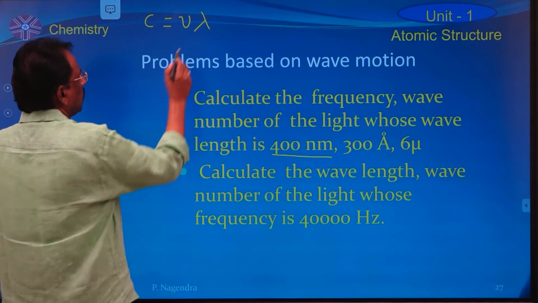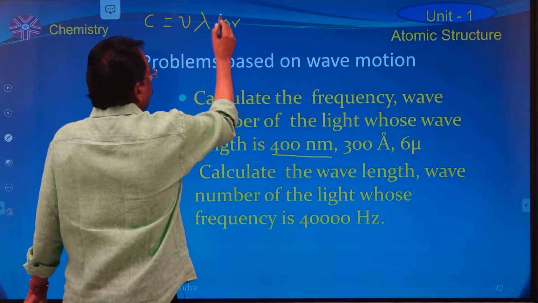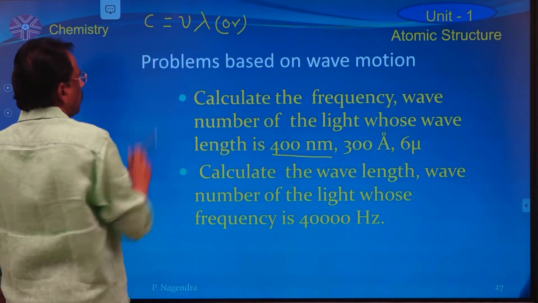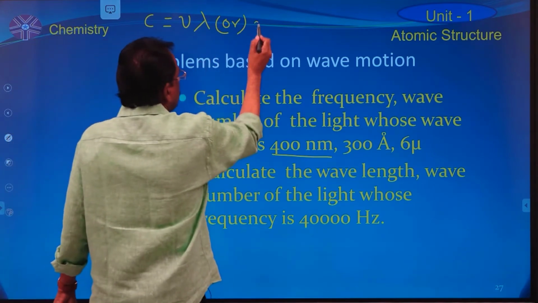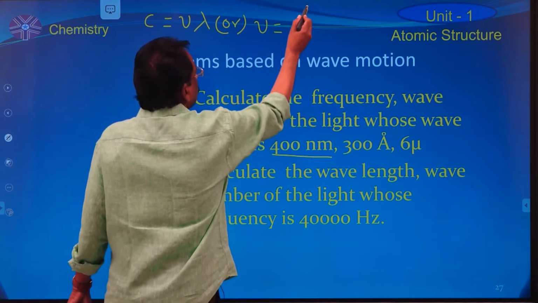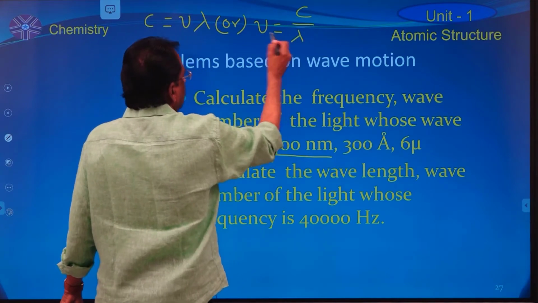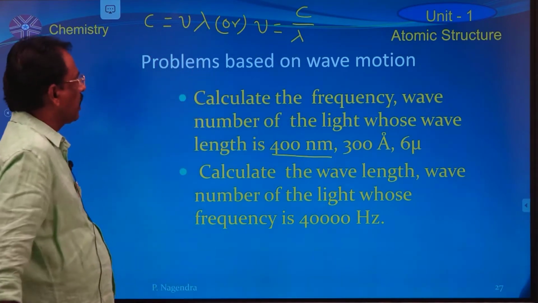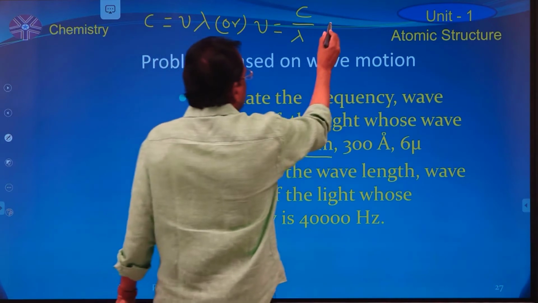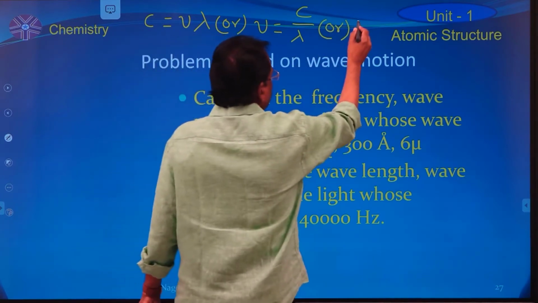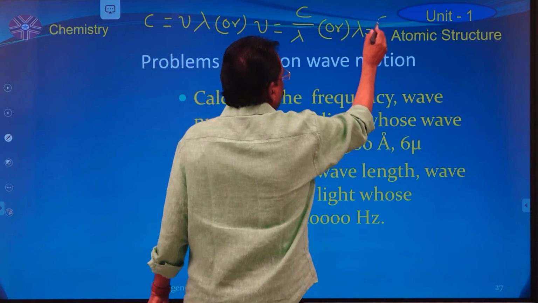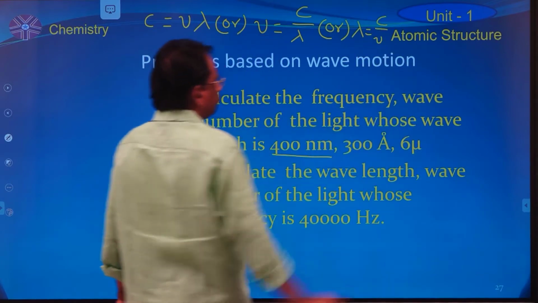Therefore nu is equal to c by lambda, or lambda is equal to c by nu.